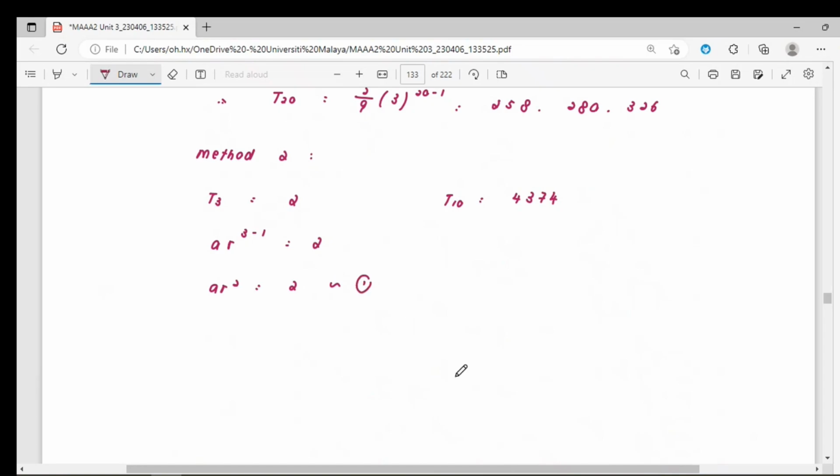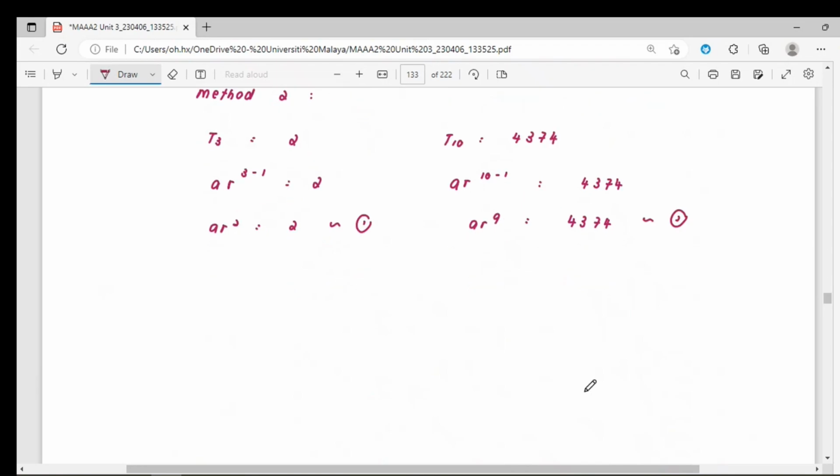Then we do the same thing for the second one, A R power n minus 1. So A R power 10 minus 1 equals 4374. So I get my second equation, A R power 9 equals 4374.